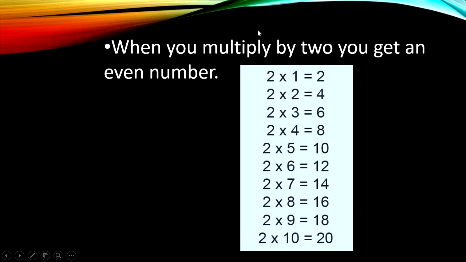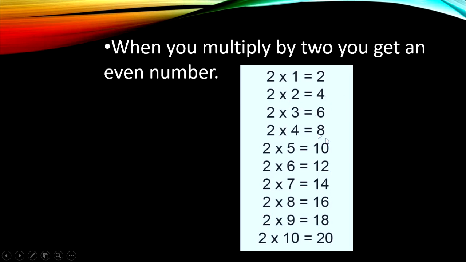Another point is that when you multiply by 2, you get an even number. Don't forget that. Look at the results that we got here.